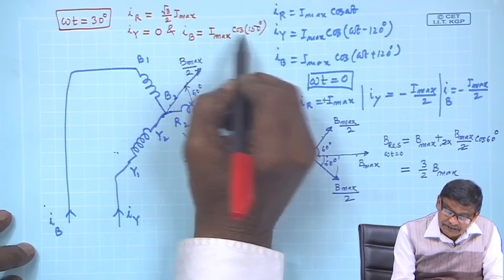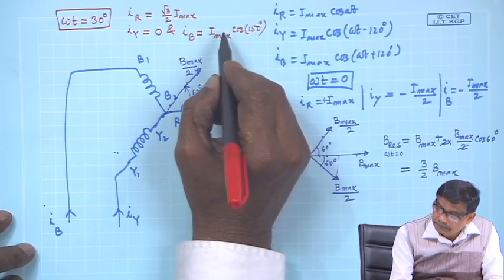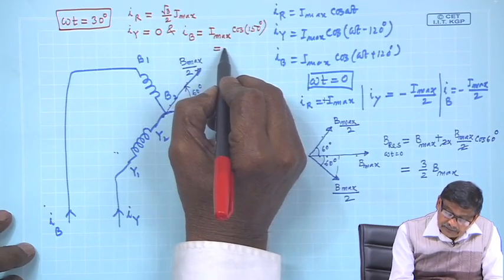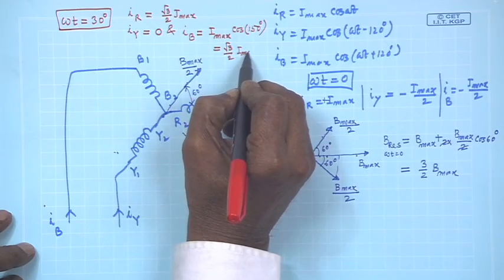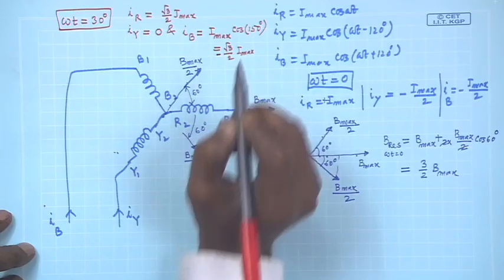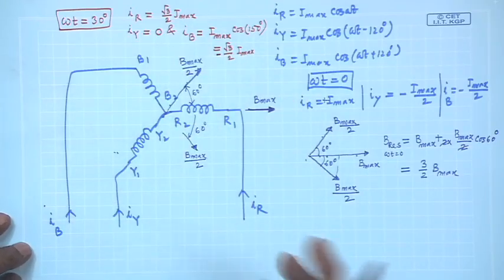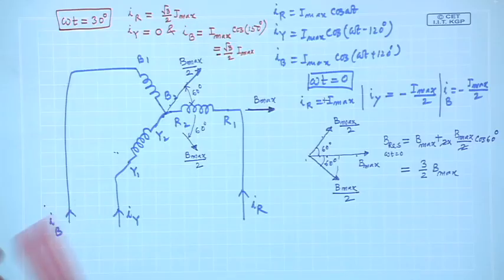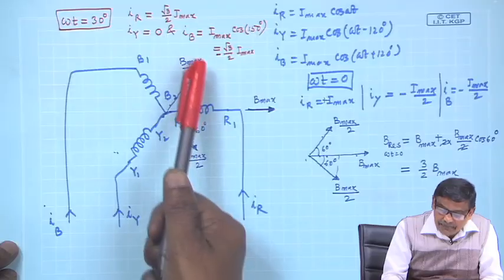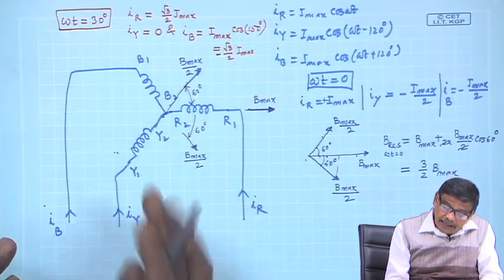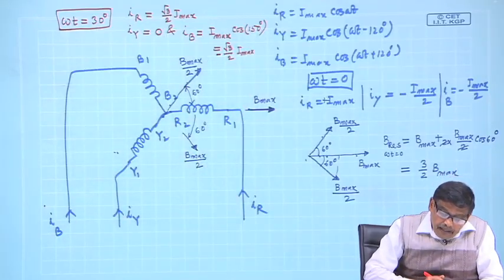What is this value? Minus. So, this also, you know, the instantaneous sum of the currents at any instant is 0. So, if this is root 3 by 2 I max, I y is 0, I b has to be minus this one. Anyway, this is the thing.